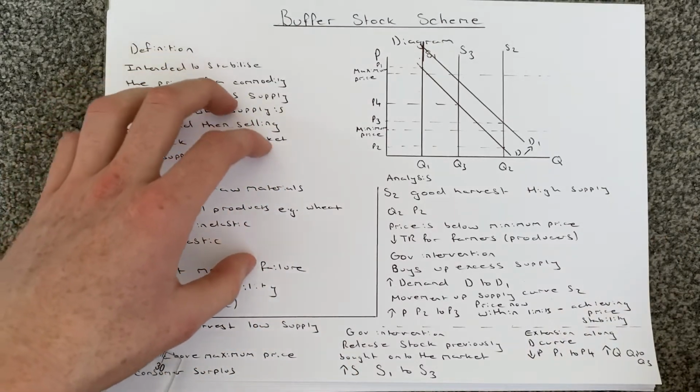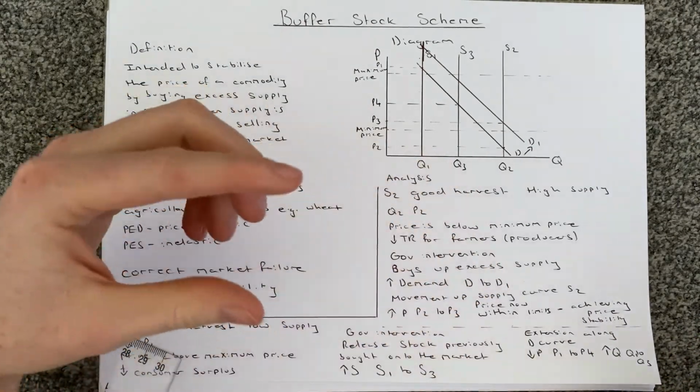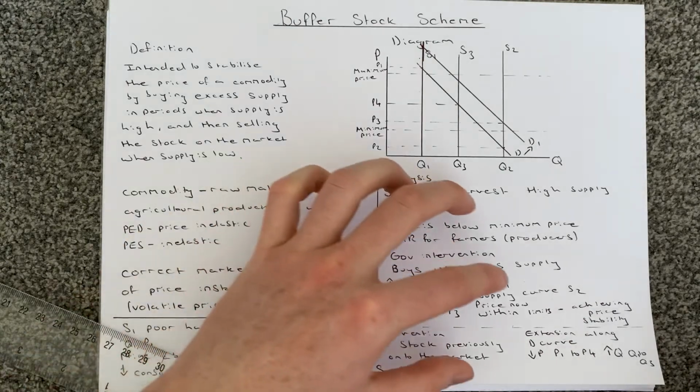Okay, and as a result of this decrease in the price from P1 to P4, the price is now within the limits. It's now within the maximum price and the minimum price, and therefore achieving price stability.